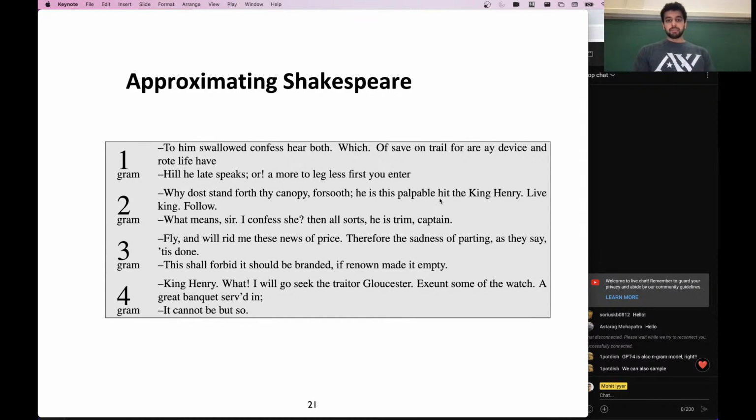"He is this palpable, hit the King Henry." It doesn't make sense, but at least you can see "he is this". That's a kind of meaningful ordering of parts of speech. Trigram models get a little better. "Therefore, the sadness of parting, as they say, 'tis done." Again, it doesn't really make sense, but it is more grammatical than the previous ones. And 4-gram models are getting better and better.